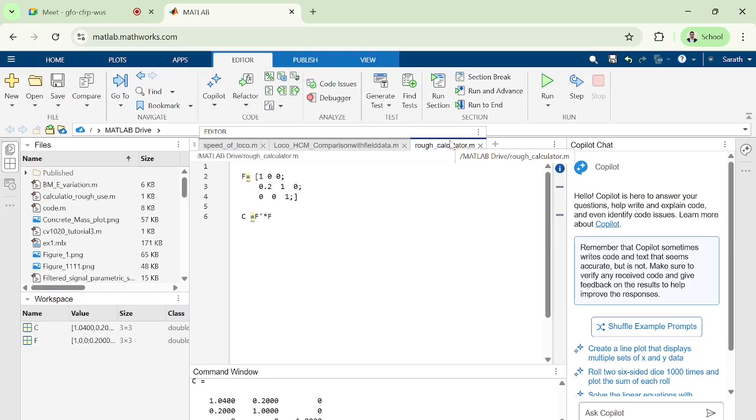Okay. So third question, they are asking what is the displacement gradient? Part C, displacement gradient.